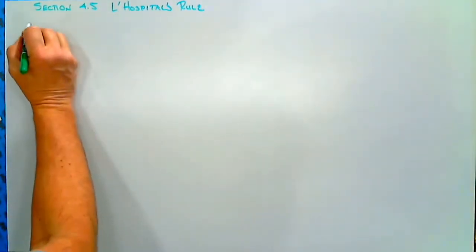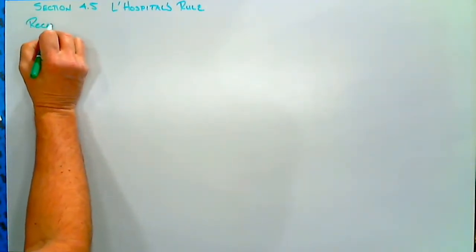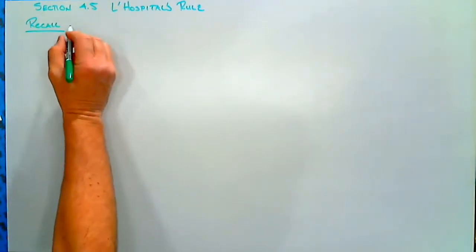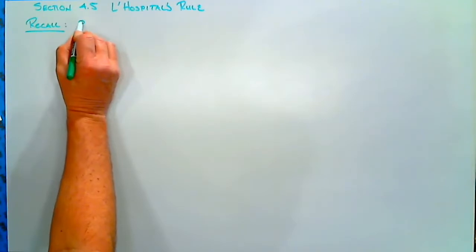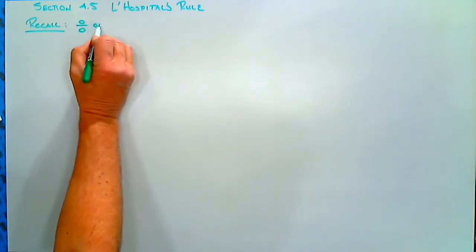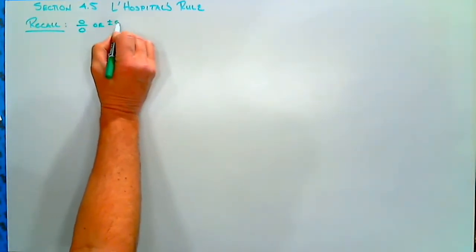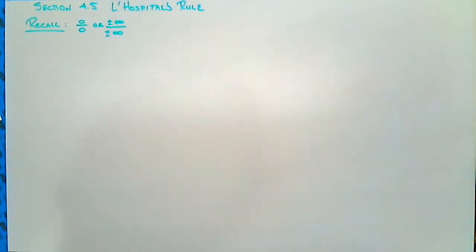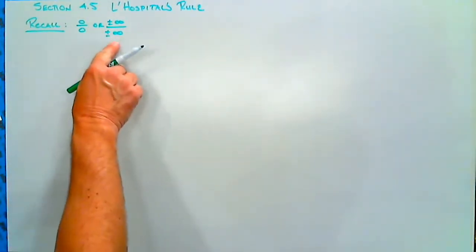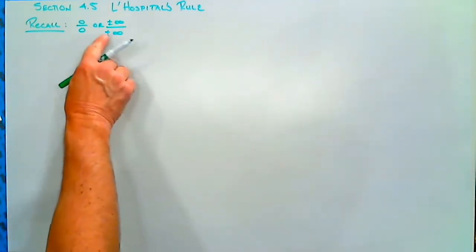Remember, L'Hopital's rule applies to indeterminate forms of the form 0 divided by 0 or plus or minus infinity divided by plus or minus infinity. For the first few examples, we will have limit problems that live in this family right off the bat.